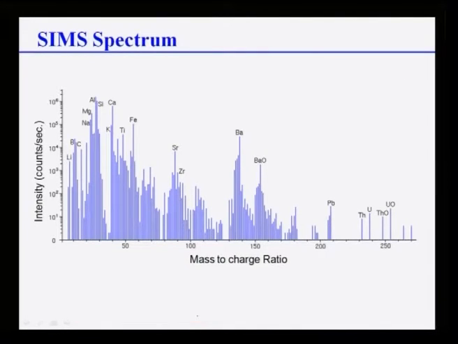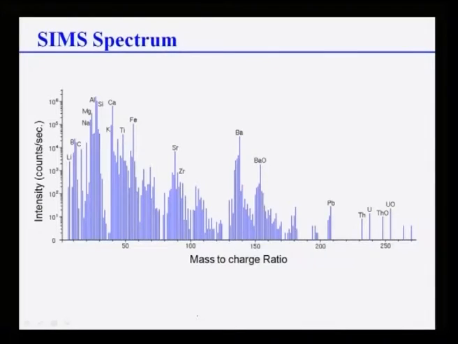SIMS can measure from lithium to uranium. If you want to show the relative intensities of the peaks for different metals, this is the best one. Here I am showing you intensity versus mass to charge ratio, from lithium to uranium, the m/z values and intensities. If the m/z is lower, in certain areas like this one, you have very high intensity, 10 to the power 6, 10 to the 5 counts per second.